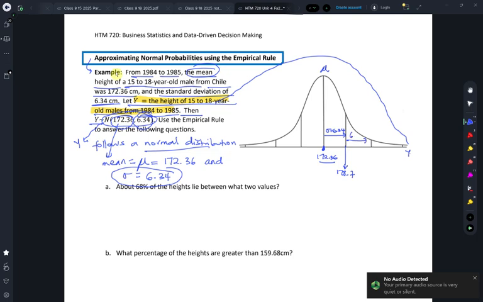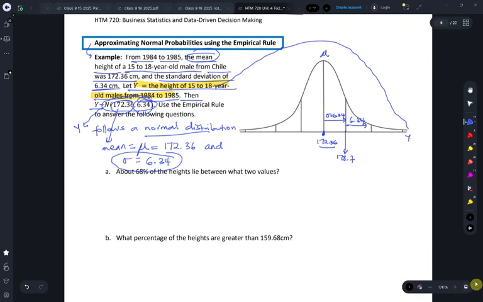If we took another 6.34 sized step forward, then again we would have 185.09. If we took another 6.34 step forward, we'll arrive at 191.38 centimeters.